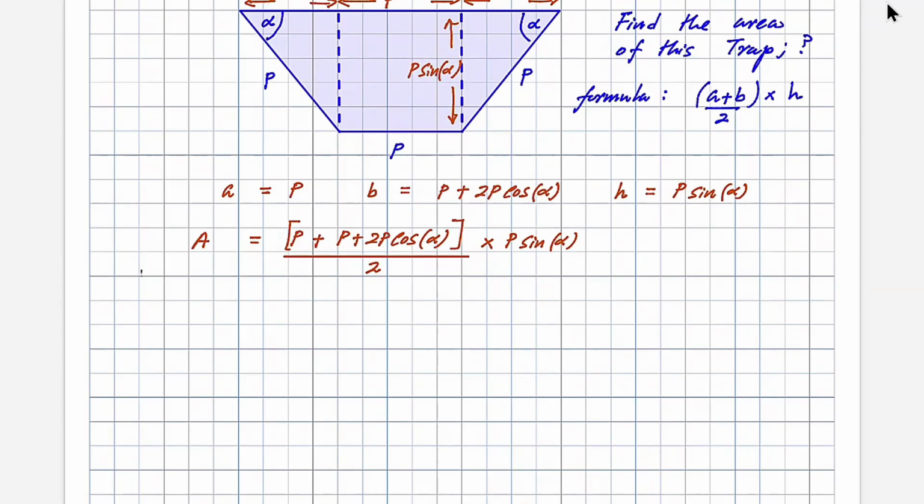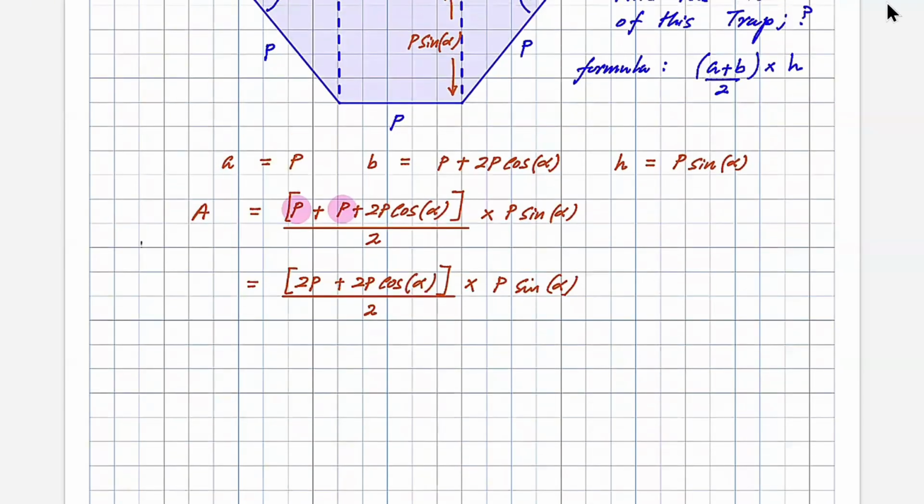So now you can see from here, P and P is going to be 2P. So I can write here as 2P plus 2P cos alpha, and then put a bracket here, divide by 2 times P sine alpha. Right.